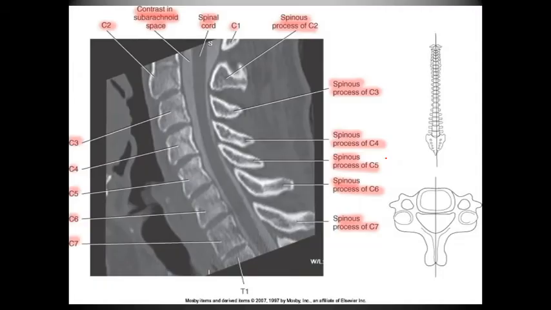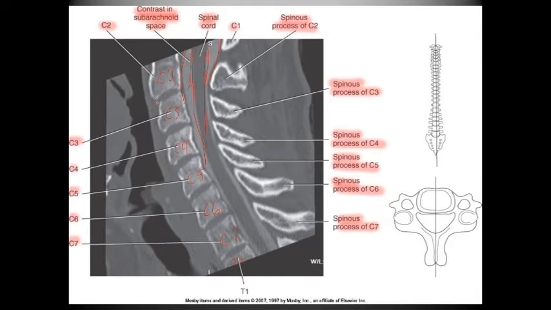Here's a sagittal view. And we see that we actually have the spinal cord here, and we have subarachnoid space or contrast in the subarachnoid space. And so we have differentiation between the spinal cord and just the subarachnoid space. We have C2, 3, 4, 5, 6, 7, and we've actually got down to T1.